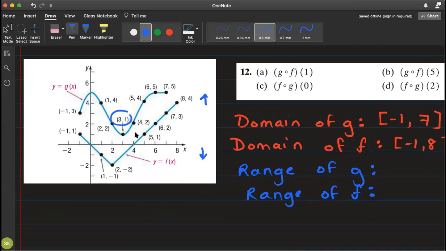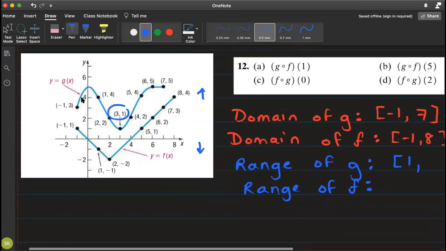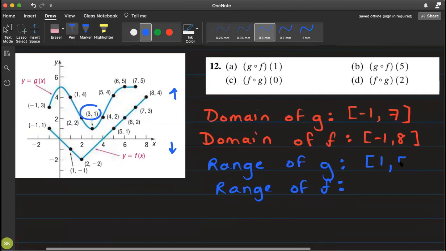And remember, the range is the y values. So the lowest y value you're going to have is this 1 here. So maybe we can say 1, 2. And how far up do we go? Well, this point here looks a little bit lower than these points here. It seems like the highest value I have is this 5. So it looks like we go from 1 to 5.